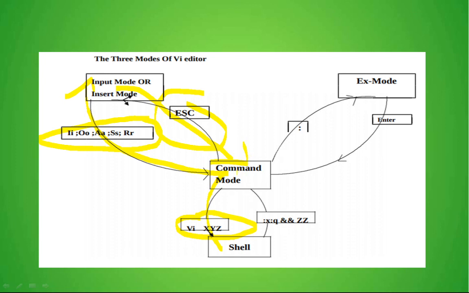Next, if you want to save the file or enter the ex mode, you just press the colon. After pressing the colon, you can type commands like w, which we have already seen. After writing those commands, you press enter, and you move from ex mode to the command mode.